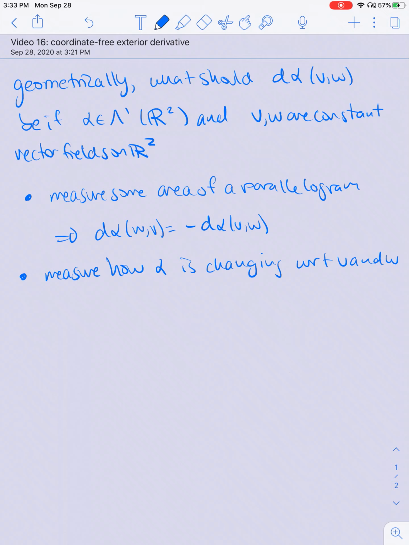So if I have a one form alpha, I can plug V into alpha and get a function.